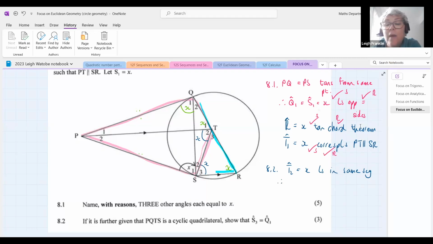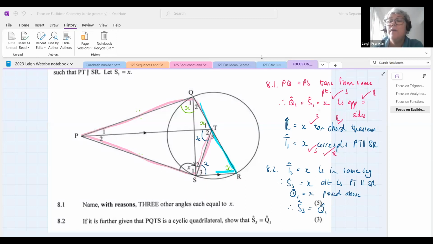Therefore S3 equals X because of alternate angles, PT parallel to SR. Q1 equals X, proved above. Therefore, S3 equals Q1. All right, so 3 marks for that.